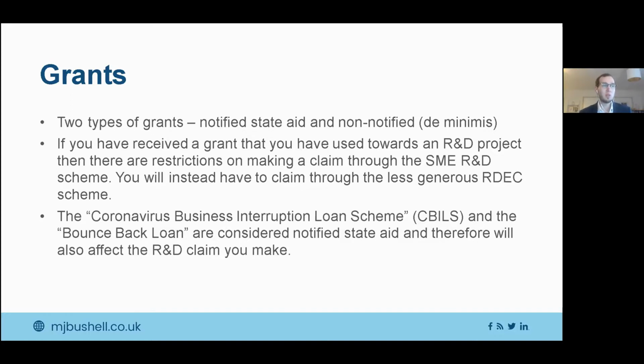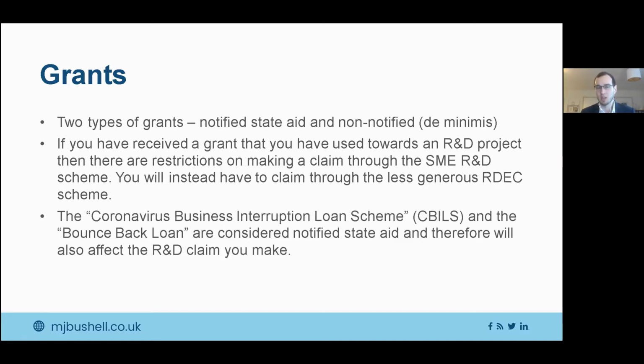The final point I wanted to make note of is that this year, some businesses have received the Coronavirus Business Interruption Loan Scheme and the Bounce Back Loan. And as far as we are aware, these count as notified state aid, which means that if you've received these types of loans and used that money towards qualifying R&D projects, then those projects may not be eligible for the SME scheme now.